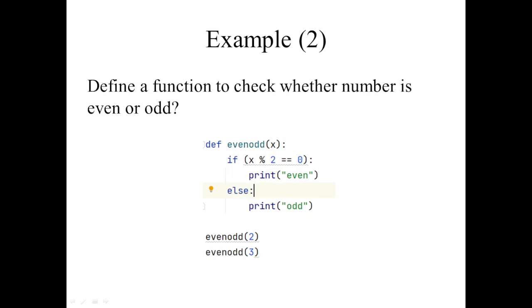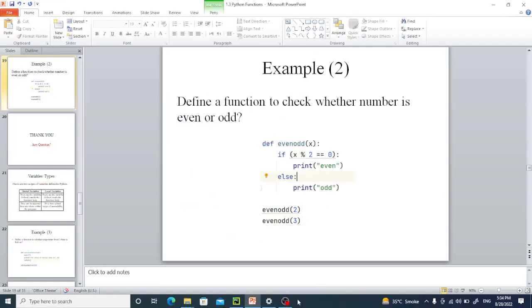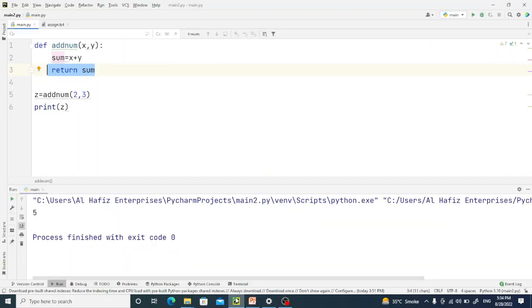So here we are going to perform another user-defined function, which checks whether a number is even or odd. What will we do? We will first define the function. You can see here we will define it as evenOdd, and here is the variable in brackets, which is x. So what will we do?